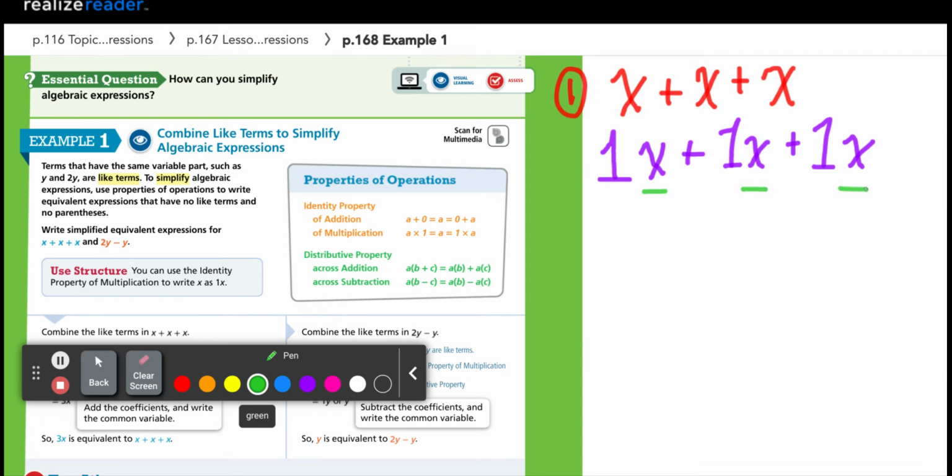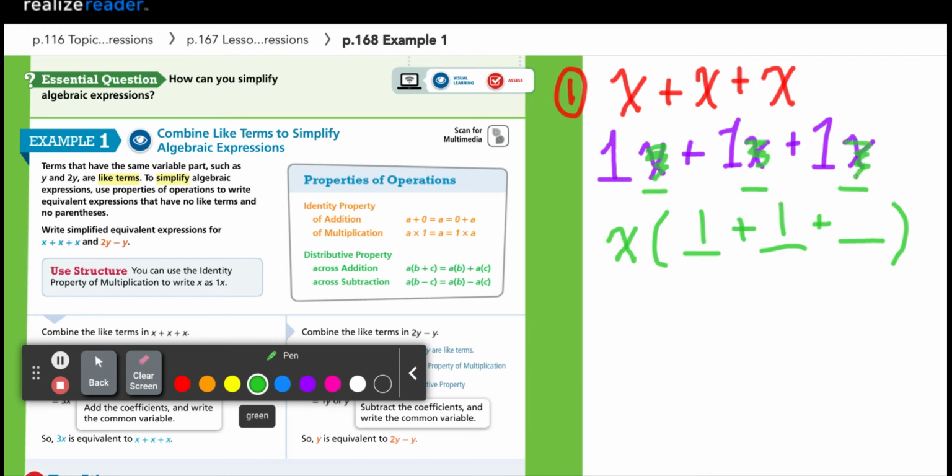So let's pull that x out of this expression by using the distributive property. So if we're pulling the x out of the expression, we are going to write what remains inside those parentheses. So I use this x, what remains? 1. Plus, I pulled this x out, what remains? 1.